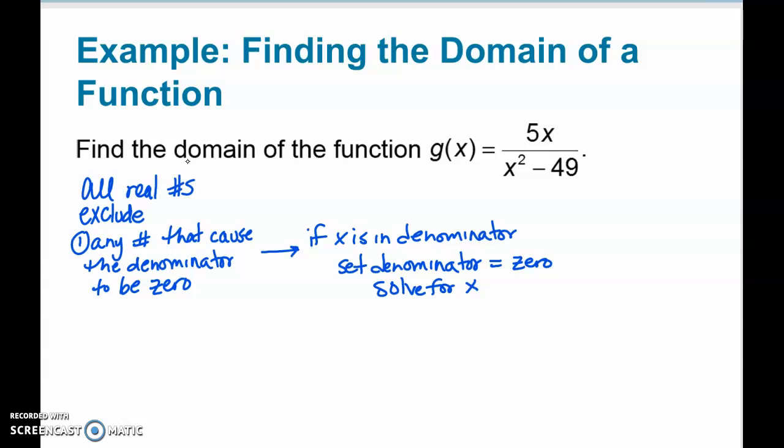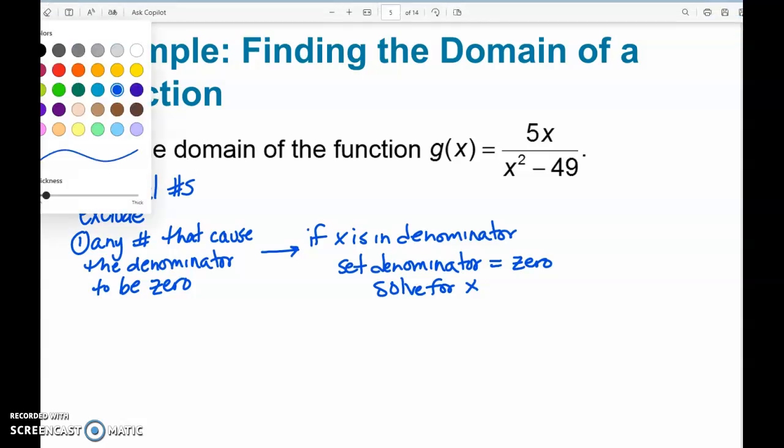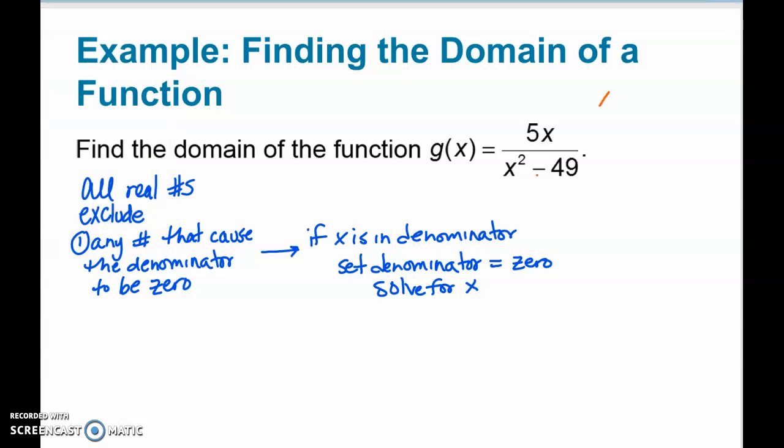So in our problem here, is x in the denominator? Yes. I see an x in the denominator. So I set the denominator equal to 0. And then I solve. This is different than some of the other problems we've seen so far.